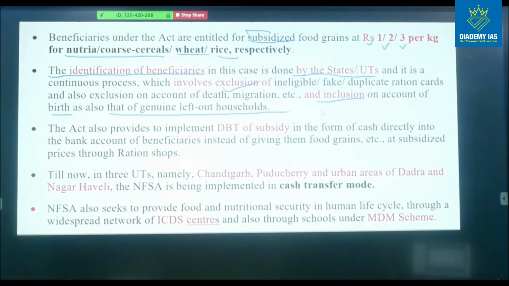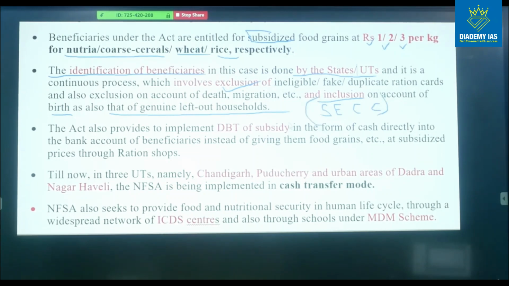And this identification of beneficiaries is primarily happening on the basis of the socio-economic caste census, which is primarily used by the states to identify the beneficiaries at the state level.